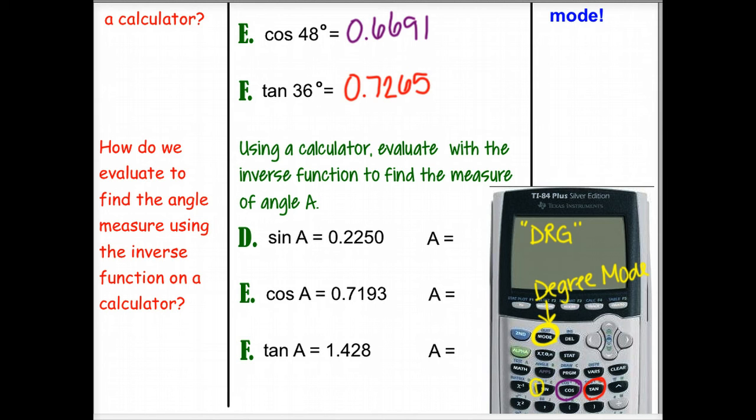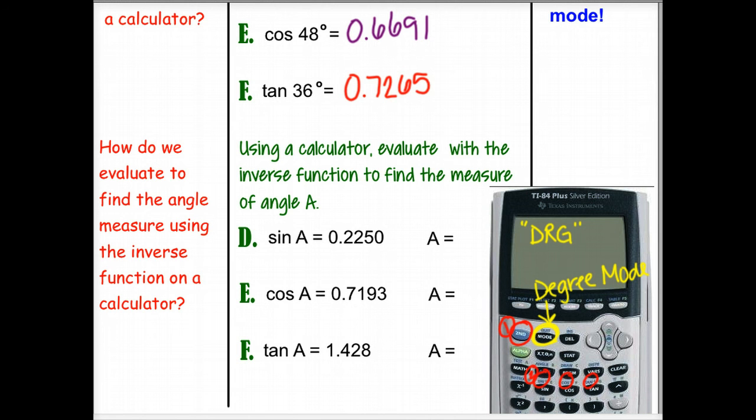Now, on the other hand, you may get where you have the sine of angle A is equal to 0.2250. This is where you have to use your inverse buttons. If I look here, I see my inverse buttons right above the sine, cosine, and tangent, which means that I need to hit this second button first, and then that button.